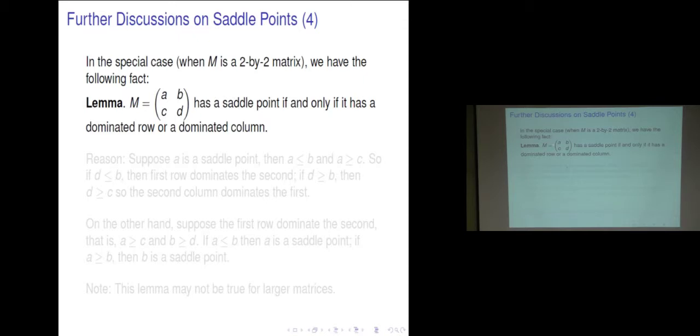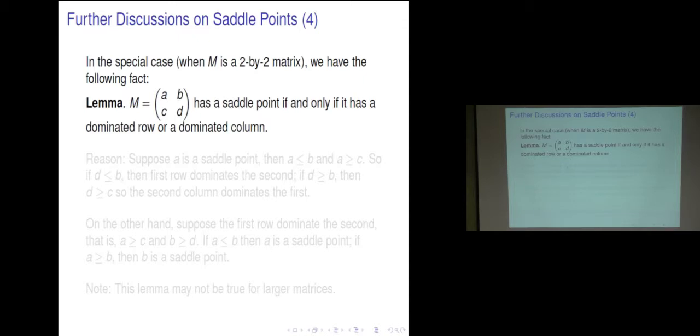M has a saddle point if and only if, the fancy way of saying equivalent, which we learned in week 3 or so, M has a dominated row or a dominated column. So this links the existence of a saddle point with the existence of a dominant row or dominant column.